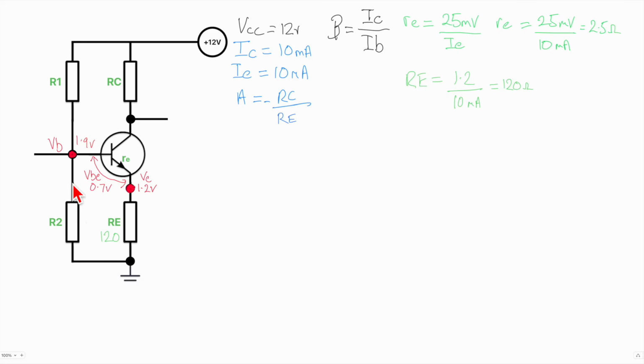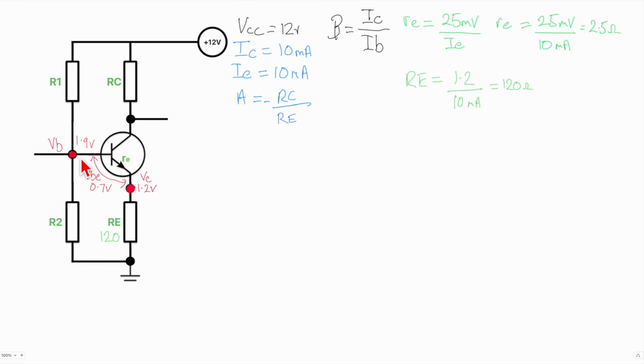In other words, we want a lot more current going through this voltage divider than we've got going onto the base, a lot more. Because depending on what the beta is, you'll get a different amount of base current here, and the base current will go up or down depending on what the beta is.